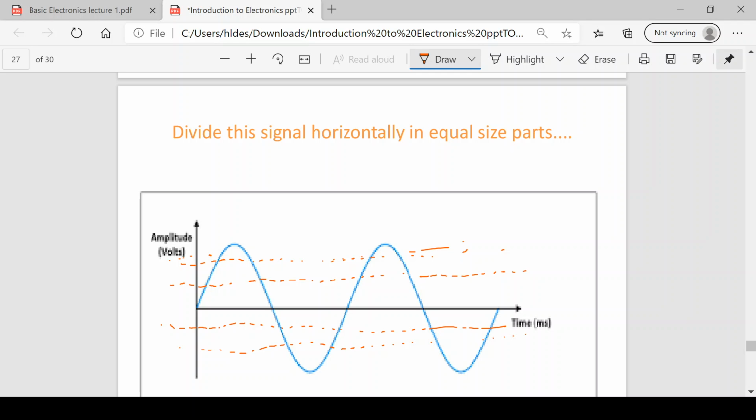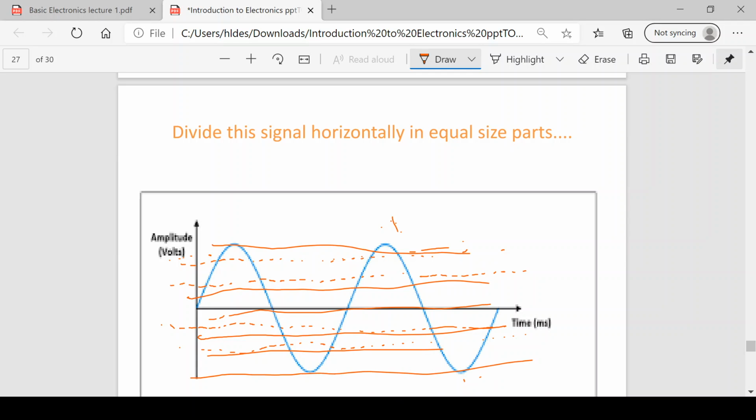So between a positive peak and a negative peak, which is a finite thing, the levels which you can draw will be infinite. That means between finite amplitude there are possibly infinite levels of amplitude. So it is quite interesting to know. The sine wave amplitude is finite, for example 5 and minus 5, so the total amplitude is 10 volt peak to peak. But the levels of amplitude are infinite, which makes this signal analog.